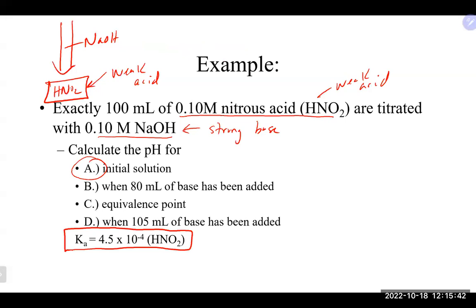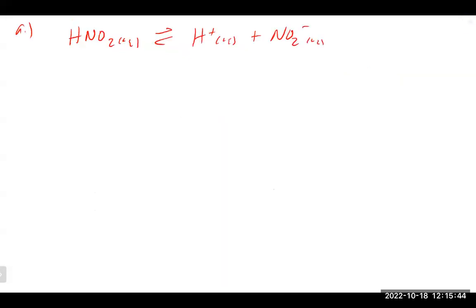Because this is our initial one, our weak acid is going to dissociate into H plus and NO2 minus. We had a Ka value there of 4.5 times 10 to the minus 4.